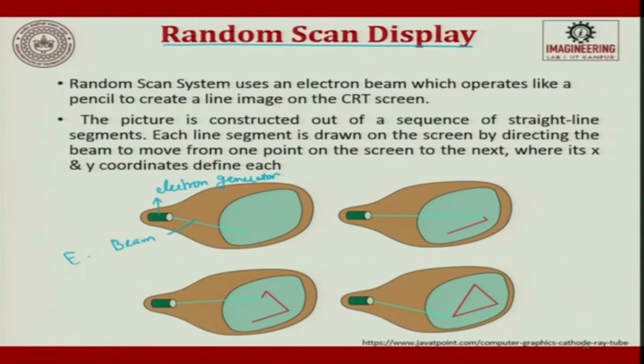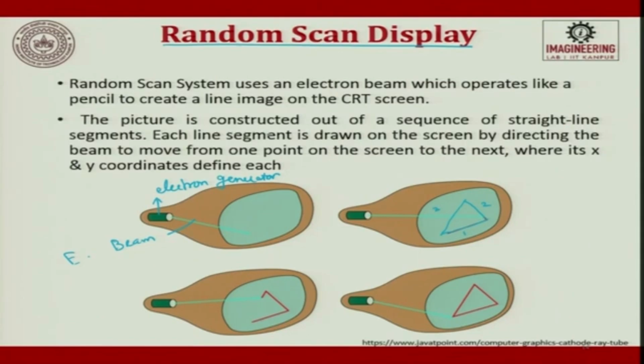A random scan system uses an electron beam which operates like a pencil to create a line image on the CRT screen. It hits, then it draws, and then it goes. You can see here it is first drawing a line, then it is extending, then it will close. So, the picture is constructed out of a sequence of straight line segments, 1, 2 and 3.